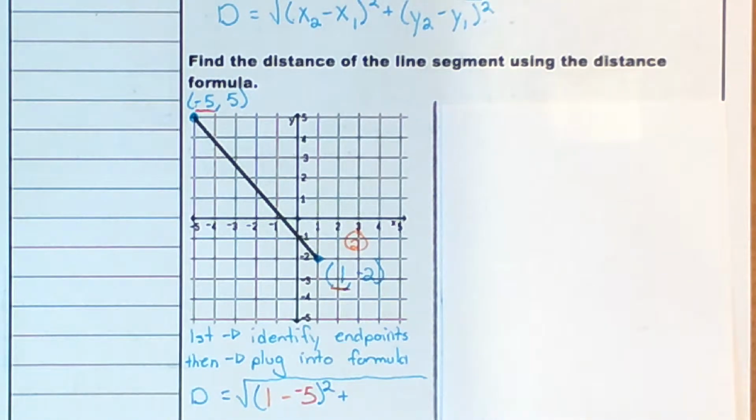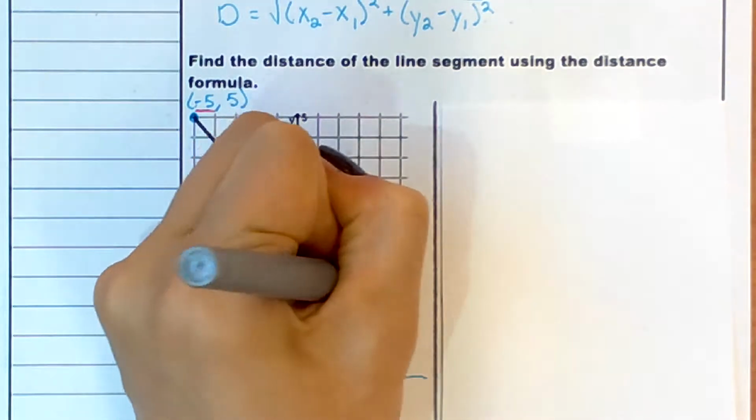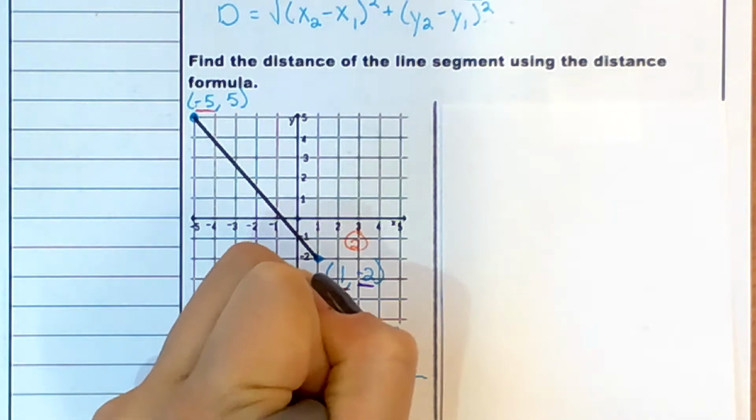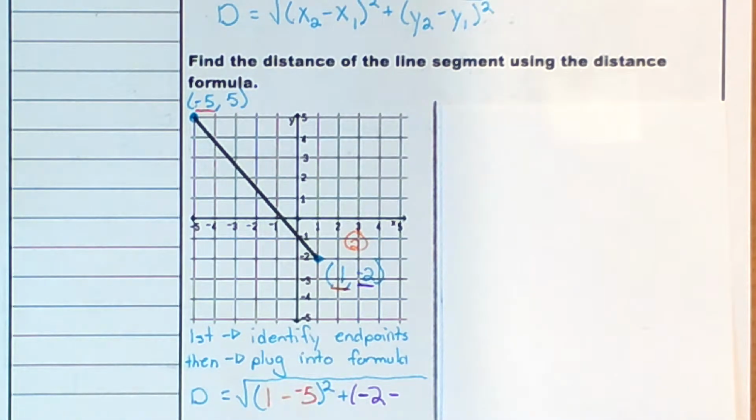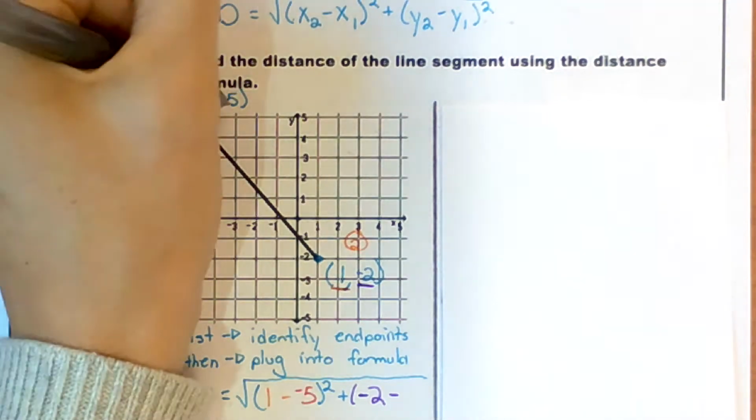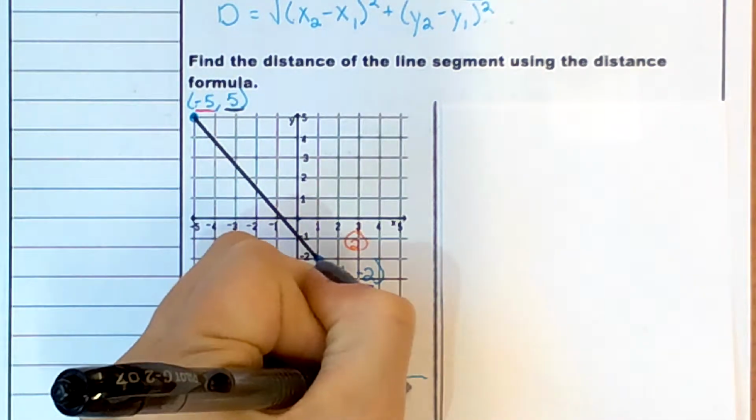And then to do the next one, I'm going to use my y2. So that's a -2. And I'm going to subtract my y1, there we go, which is 5.